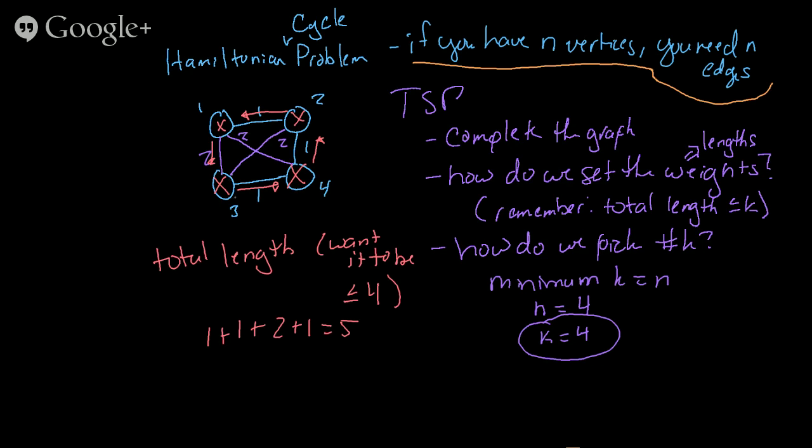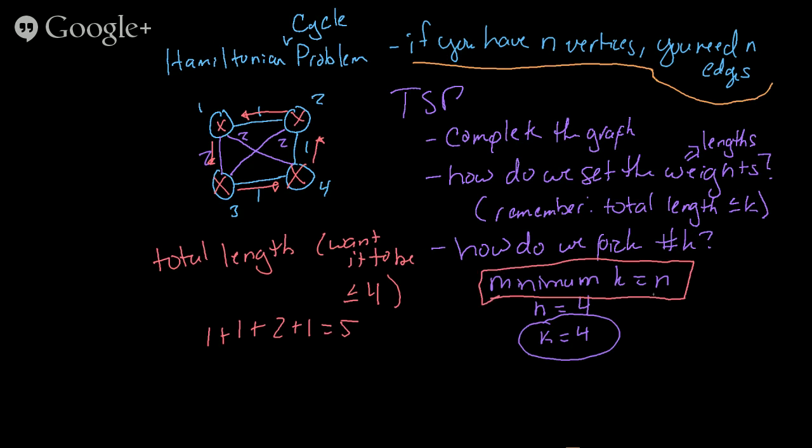All you want to do to reduce from the Hamiltonian cycle problem to the traveling salesman problem, again, is first complete the graph, decide how you set the lengths of the edges in the complete graph, and then decide how you're going to pick k. And again, remember, you generally want your k to equal n, where n is the number of vertices in the graph.